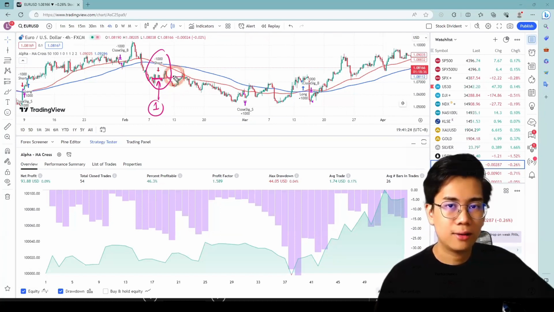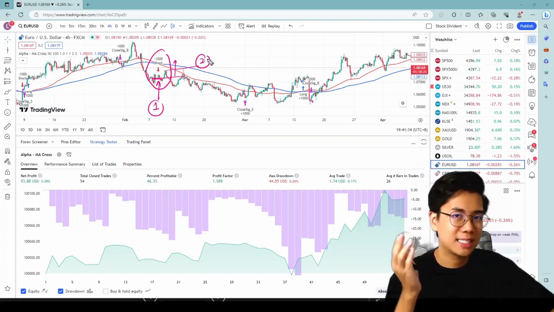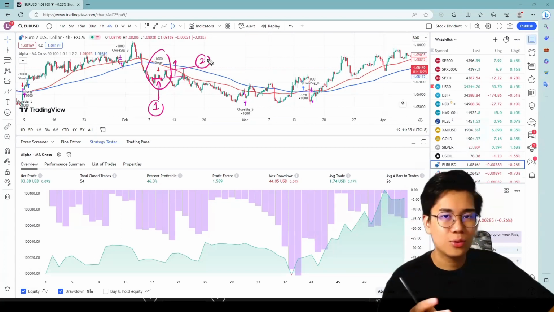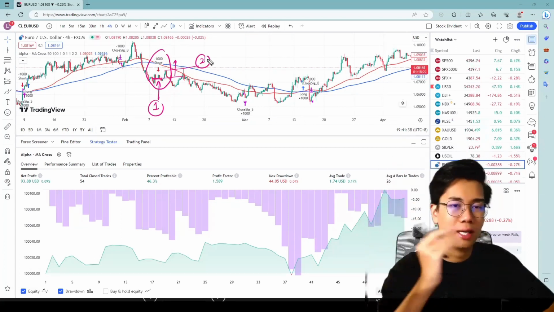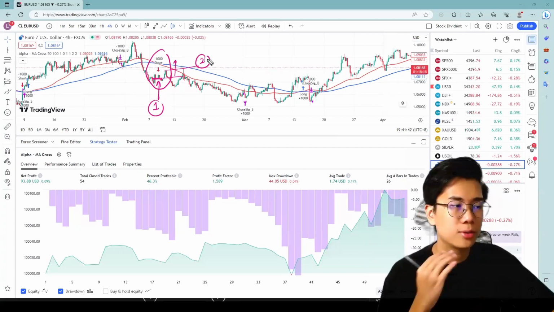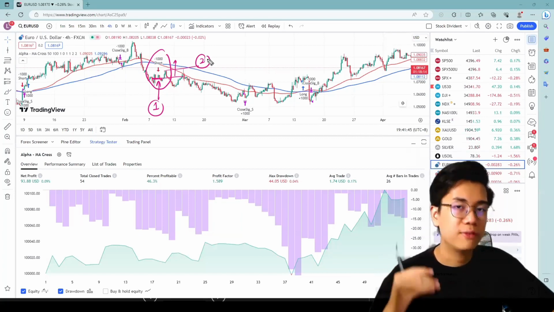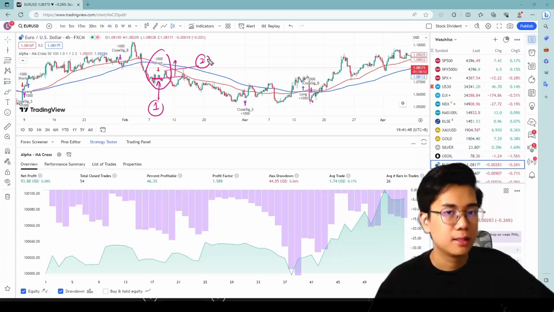Two, sell after the price pulls back later. Which one do you think will be a better decision? One or two? One: don't care, sell immediately. Two: wait until it gets an even better price, only then enter. Now, you guys know the answer. The answer is we wait to get a better price on the entry.